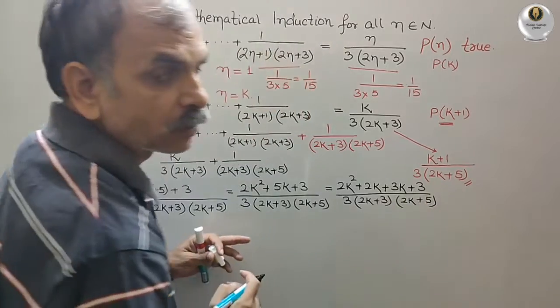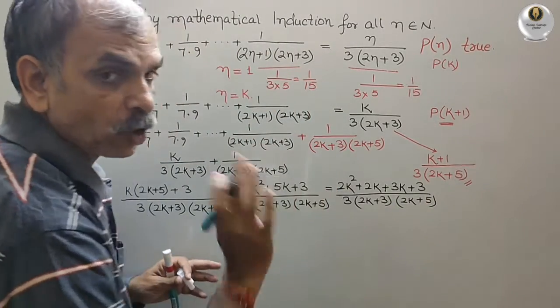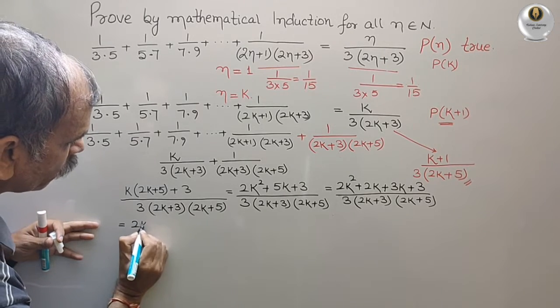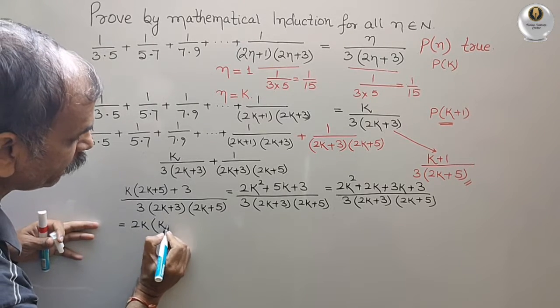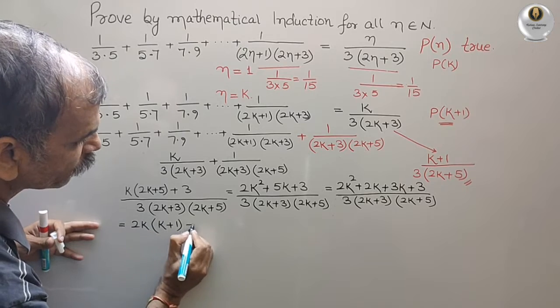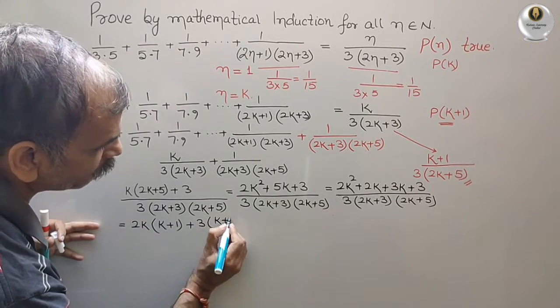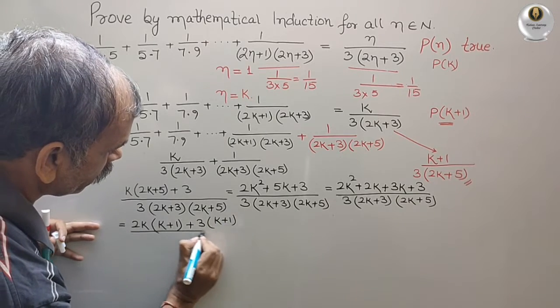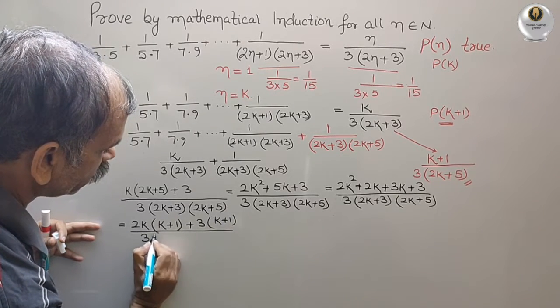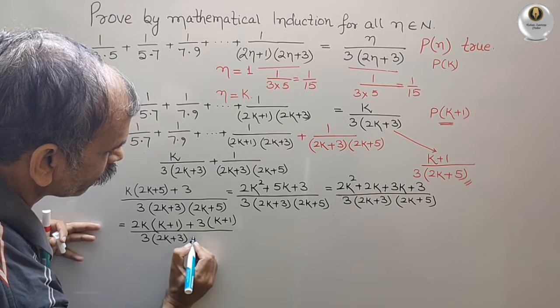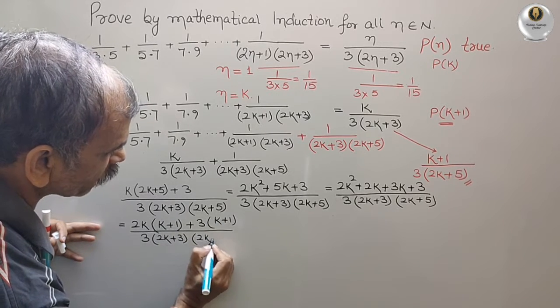Now solve this. Here you will get 2k as common, and here it will be (k plus 1). And here comes 3 as common, again (k plus 1), by 3 into (2k plus 3) into (2k plus 5).